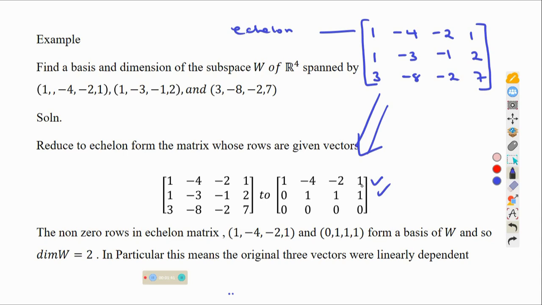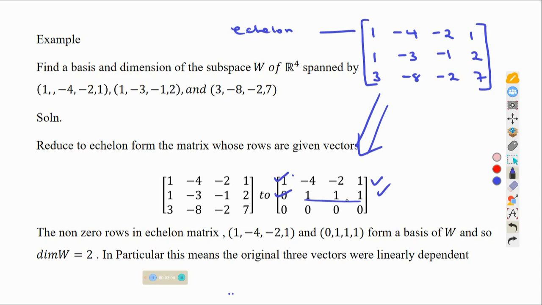You apply your operations and row reduce until you are able to get this matrix here. After getting this matrix, the non-zero rows, 1, -4, -2, 1 and 0, 1, 1, 1, will become the basis elements. So this row here and this row here will form what we call the basis.